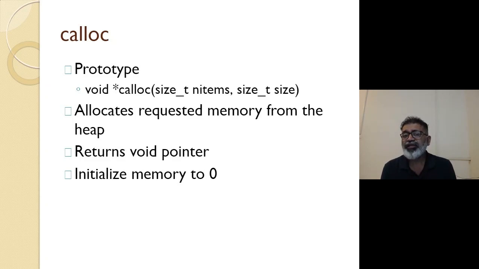Obviously the first argument is the pointer to the already allocated memory, so that pointer we send as the first argument. And the second argument is the number of extra bytes you want, so that we send.